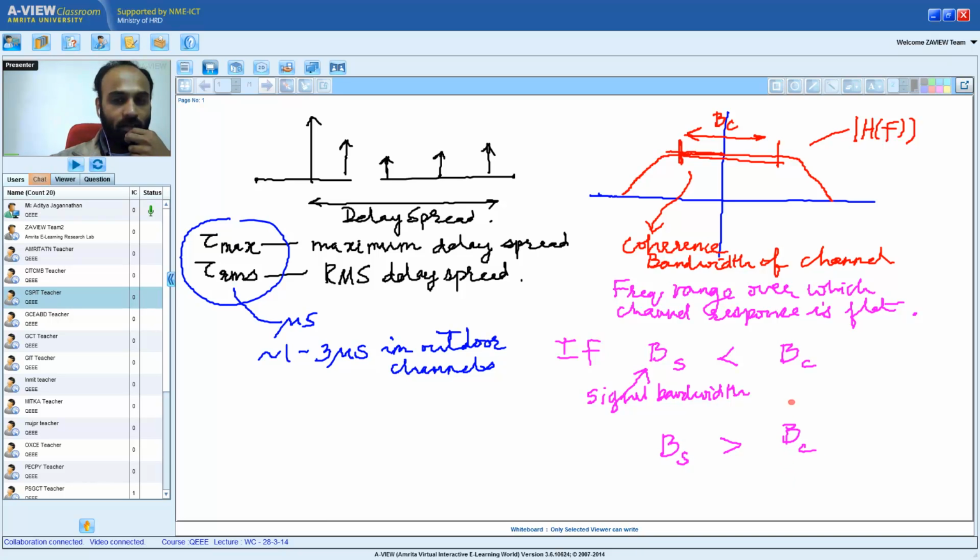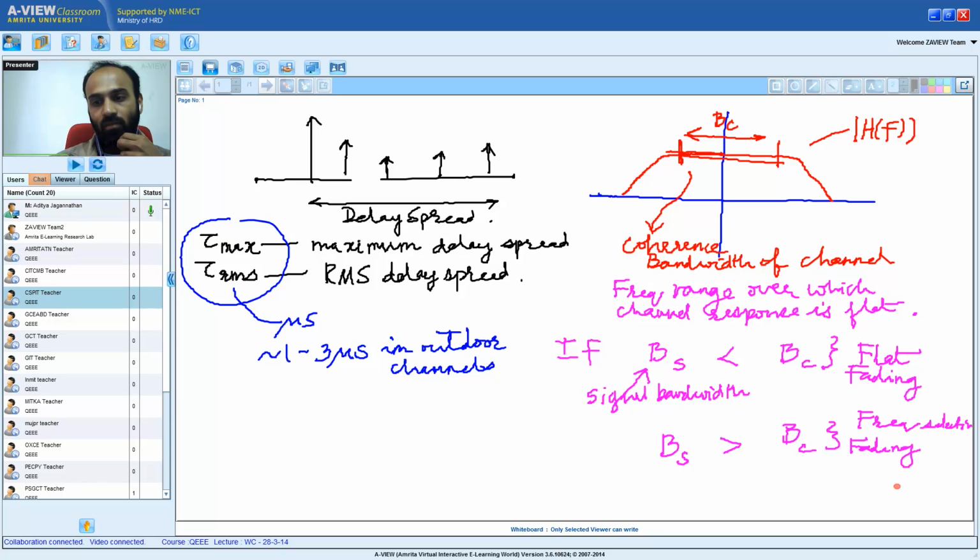Yes, that is correct. If BS is less than BC, then this is known as a flat fading channel. And if BS is greater than BC, this is a frequency selective fading channel. One of them is flat fading, the other is frequency selective.